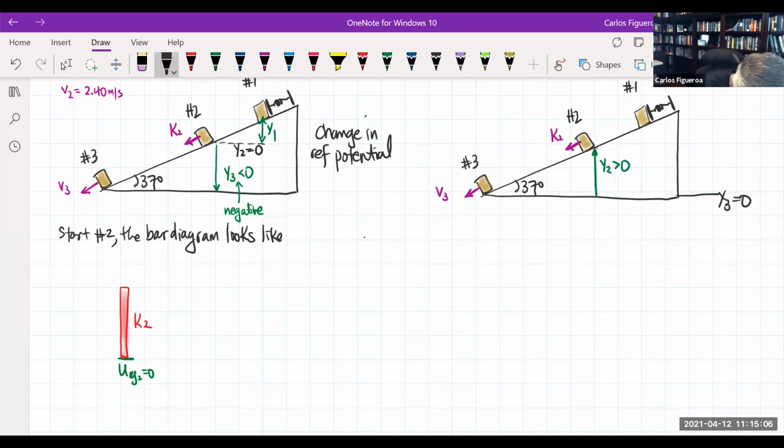So at that point, my total energy of the system looks like this. But if I compare 2 to 3, the speed at 3 must be higher than the speed at 2, because it's sliding down the incline. Of course, it's going to be going faster. So when I get there, I'm going to have a higher kinetic energy.